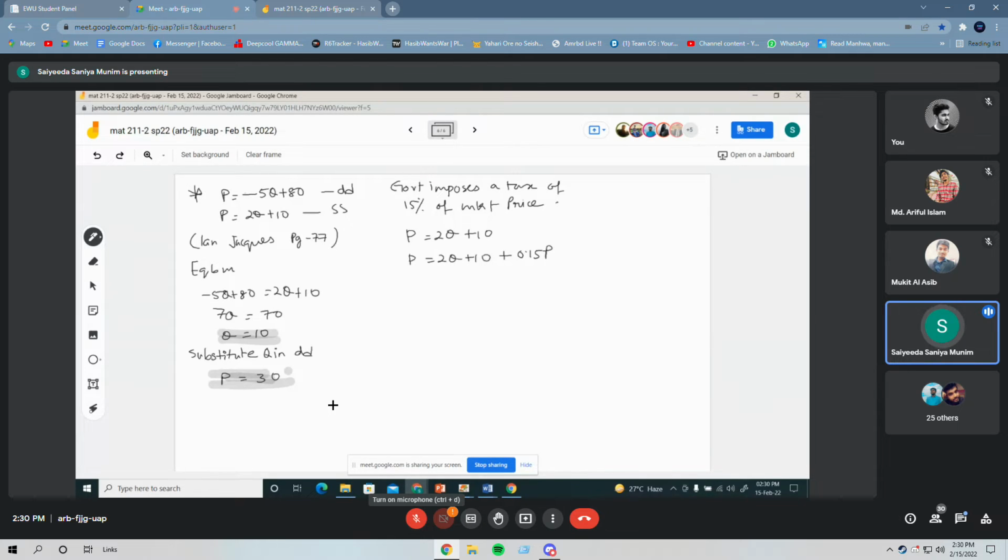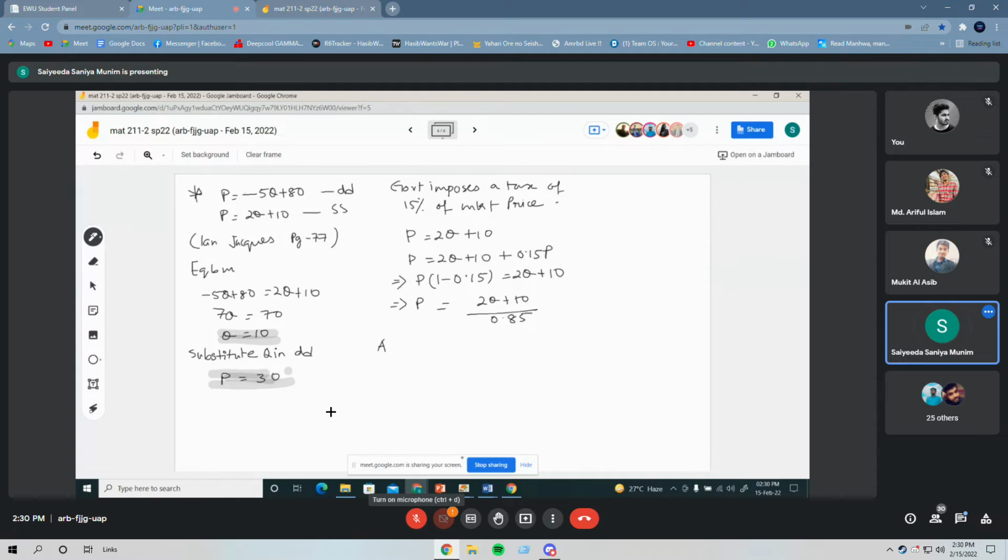So sometimes tax can be imposed on the price. So if you just simplify it, so this is your new supply equation.